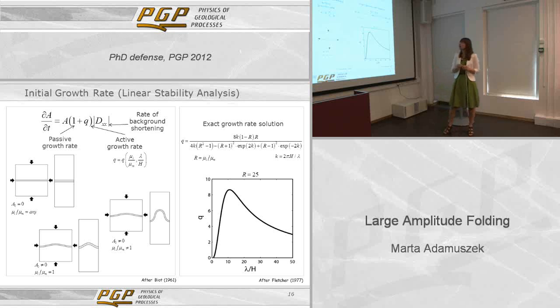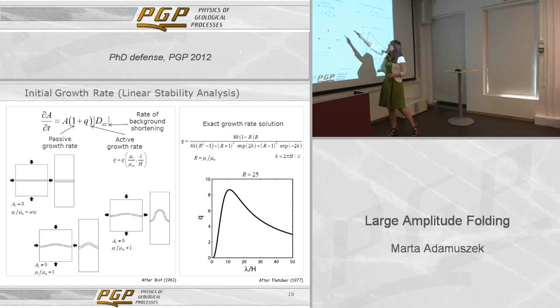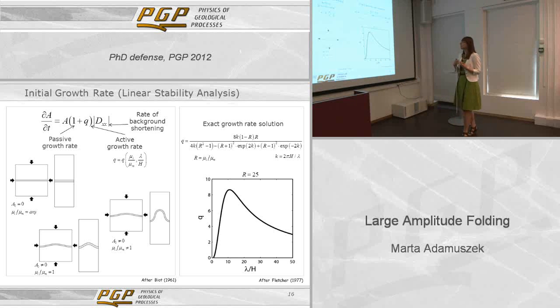And the amplitude of all waveforms would be amplified with the same rate. Q is the active growth rate, and it is the term that comes from the mechanical instability, and it's a function of wavelength to thickness ratio and also viscosity ratio. And in LAF, I used the exact solution for the growth rate derived by Fletcher.